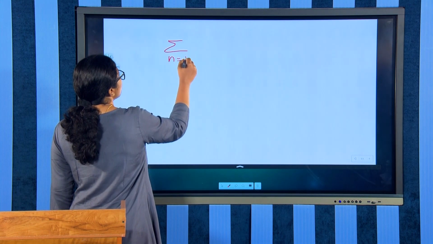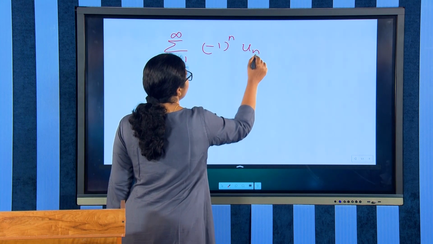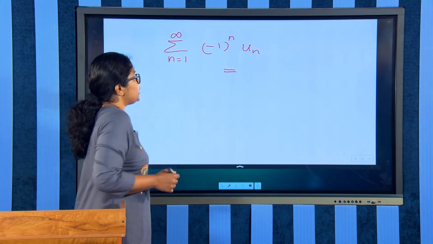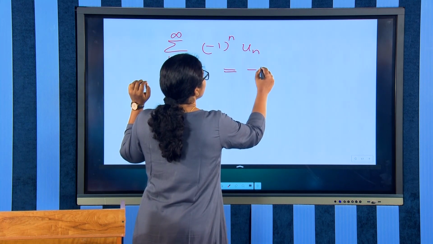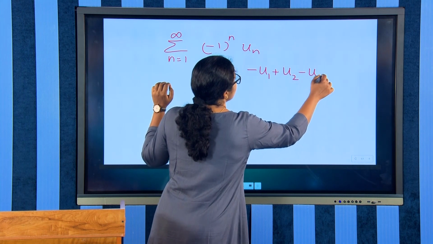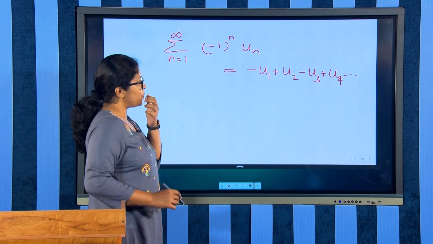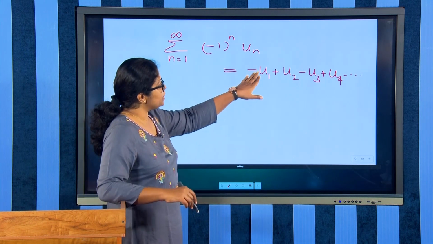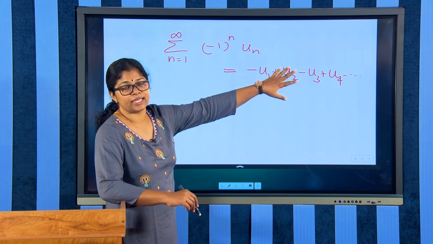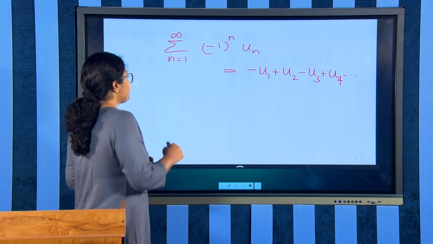If we put the values from n equal to 1 to infinity here, you will be getting negative u1 plus u2 minus u3 plus u4 and so on. So, we can see that the signs of the terms are alternatively positive and negative. That is why the series is called an alternating series.